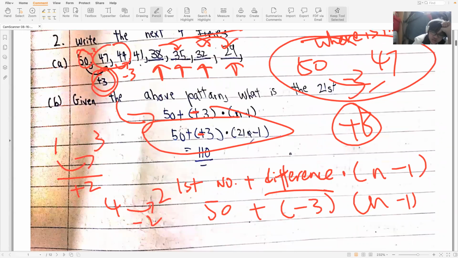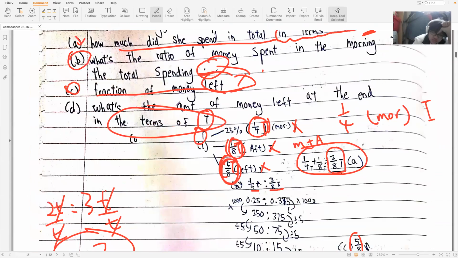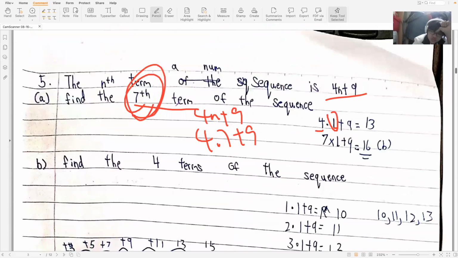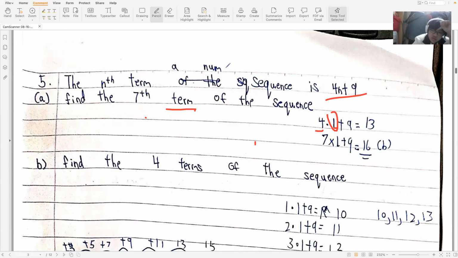You look back at this number pattern question previously. 我们看这里，我们看这题。So once again, you never watched the video. That's why. Charmaine, did we not talk about this question last time? They say nth term is 4n plus 9, right?